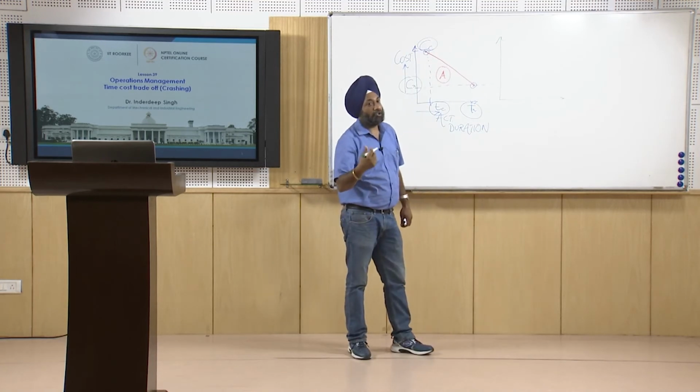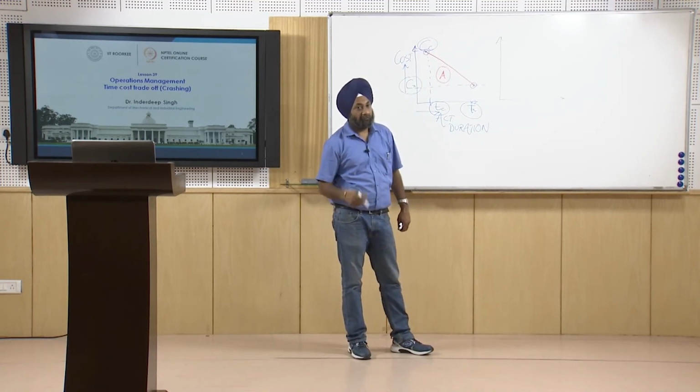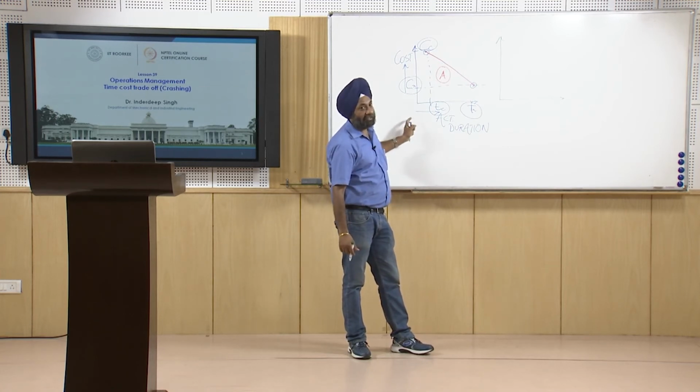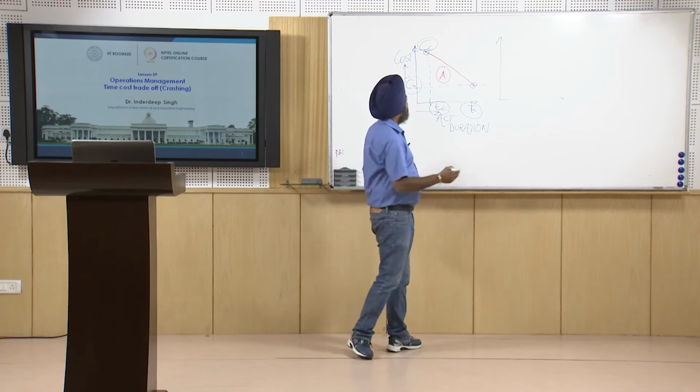other cost element for the project. All of you must be able to say it now. We have seen the direct cost for activity A. Now we have to see the indirect cost.